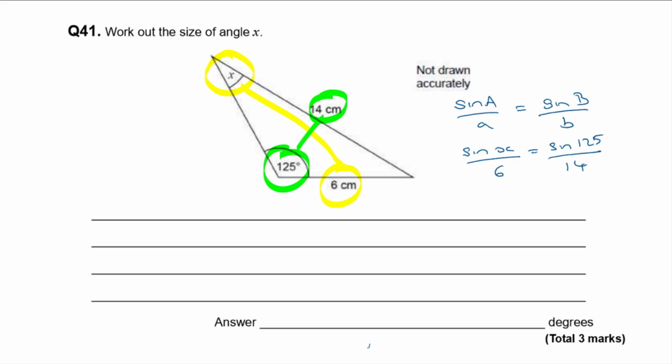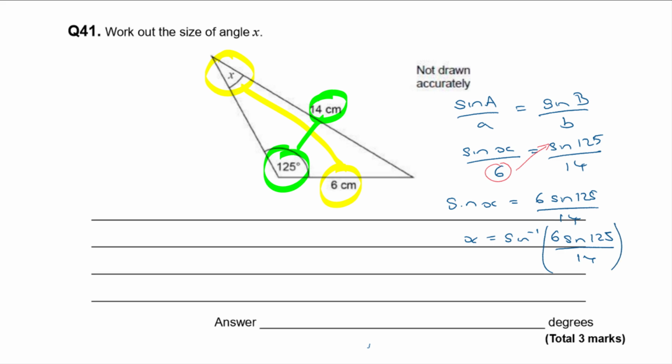Now I want to get x on its own, so I'm going to rearrange. We're just going to cross multiply that 6 up there. So sine x is equal to 6 sine 125 over 14. And so then x is going to be the inverse sine of that, isn't it? So inverse sine of 6 sine 125 over 14.